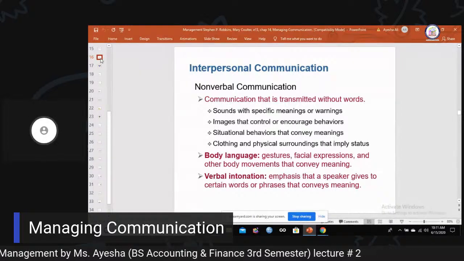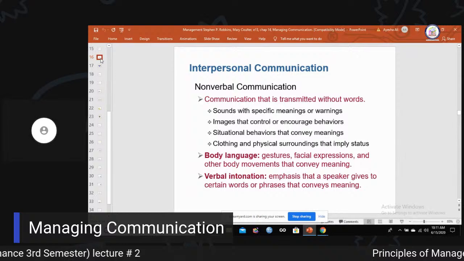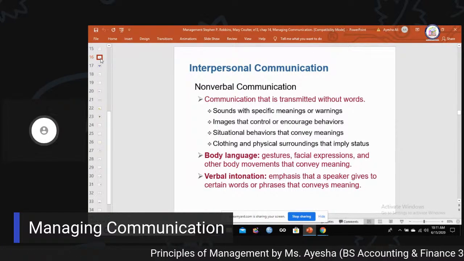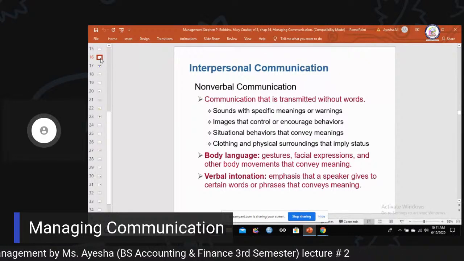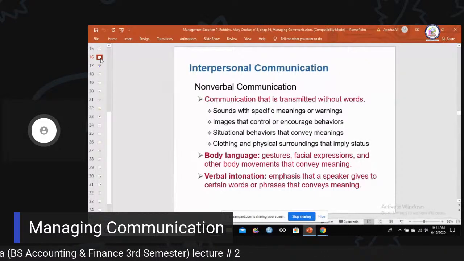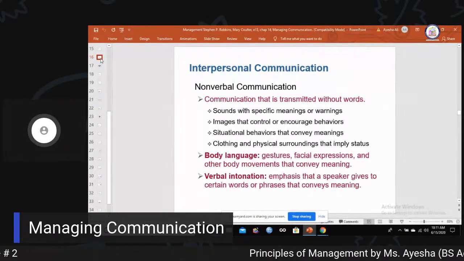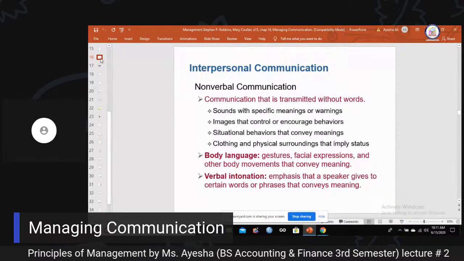And situational behavior also conveys meaning. For example, if we see that everyone is sitting in a meeting and discussing some important matters, we get the message that we have to involve ourselves seriously in this discussion, in this meeting. So we behave according to the situation.